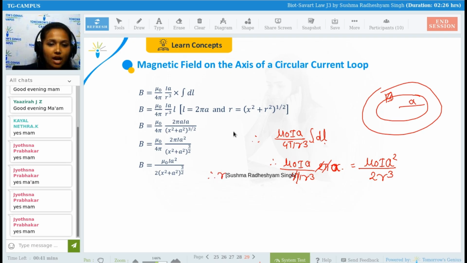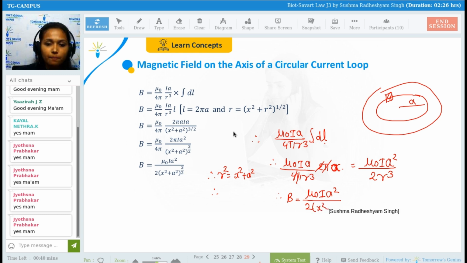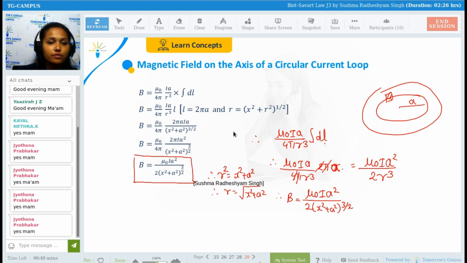So r is nothing but the square root of x square plus a square. If we put r here, we simply get B is equal to mu naught I a square upon 2, over x square plus a square power 3 by 2. Instead of r just write under root of x square plus a square. So this is your final value of B due to a circular loop. Clear this?